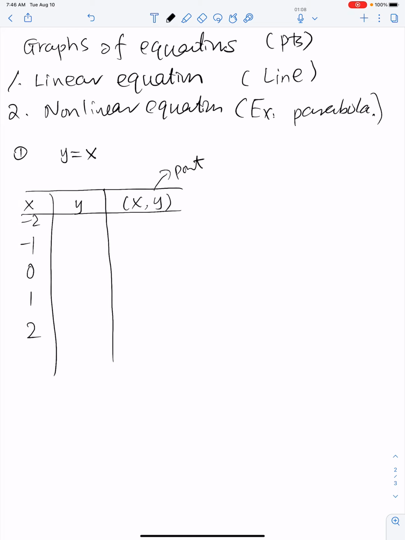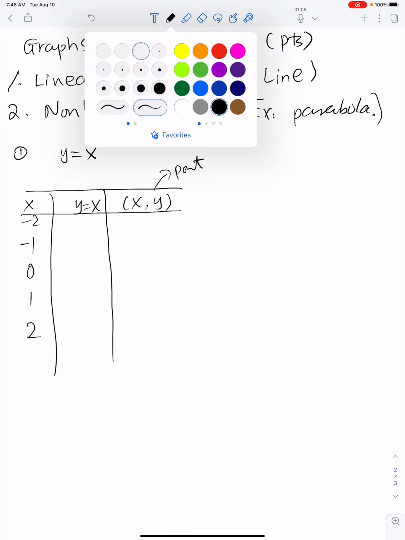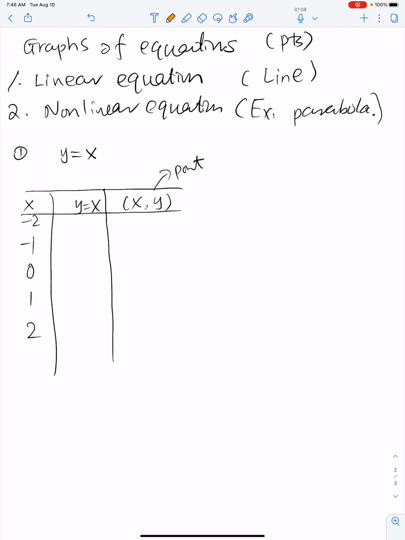How could we find the y value? Because y equals x, we substitute the x value into y. So when x equals -2, what will be the y value?